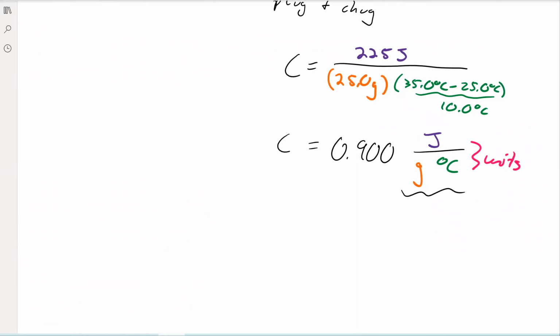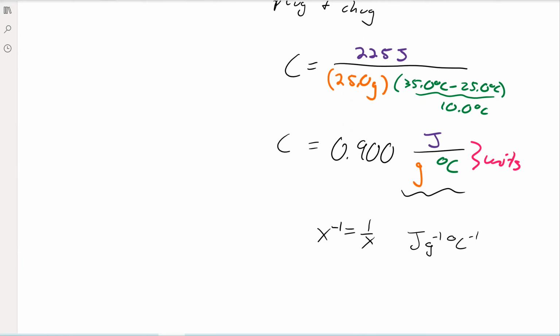In terms of these units, we can write them one other way. So x to the -1 is equal to 1 over x. So instead of writing joules over gram degree Celsius, we could have also written joules times grams to the -1 times degrees Celsius to the -1, right? So these -1s just indicate that they're in the denominator.